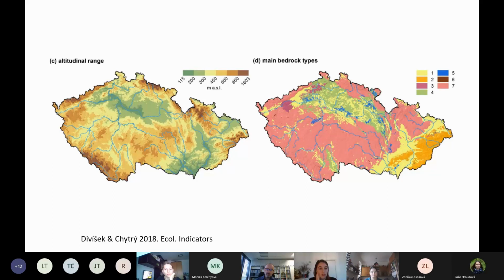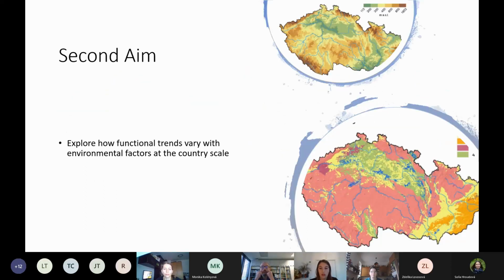I was given a set of environmental variables that I could use to analyze what's leading these changes in the functional traits. So now I have my second aim. I wanted to explore how the functional trends vary with environmental factors at the country scale.